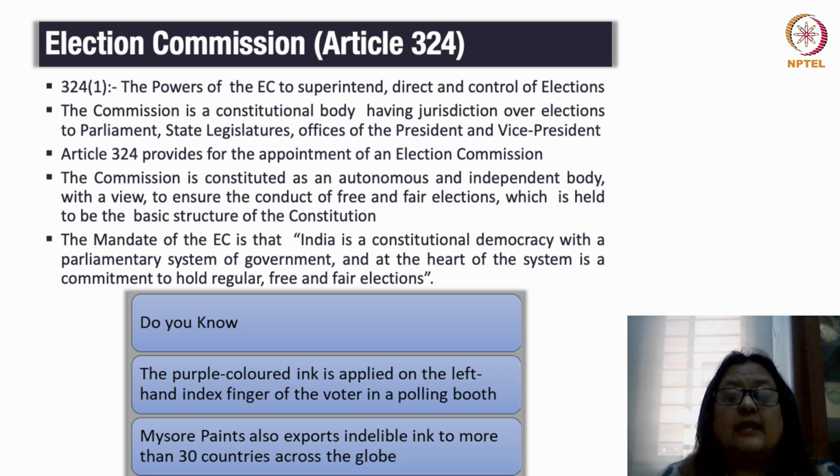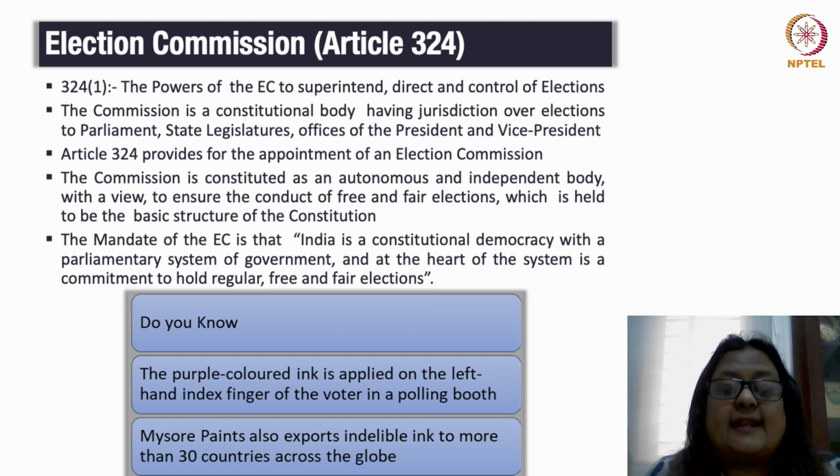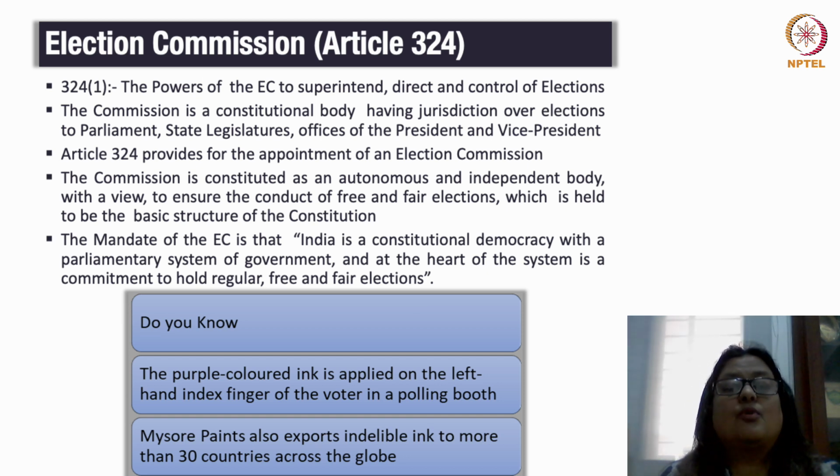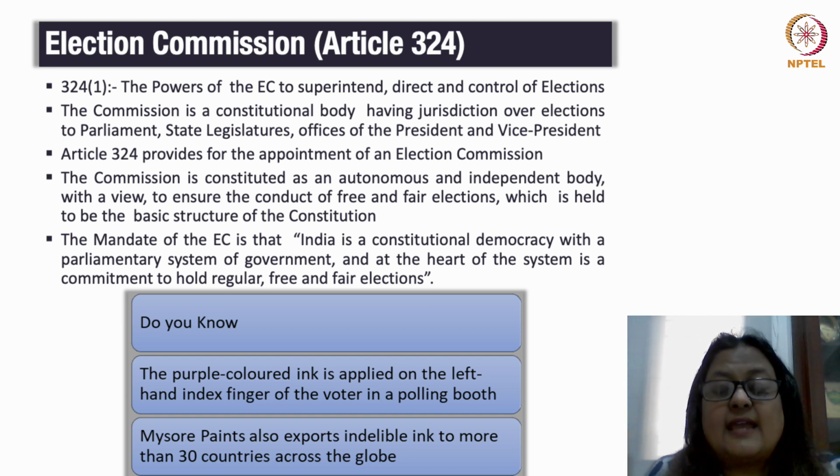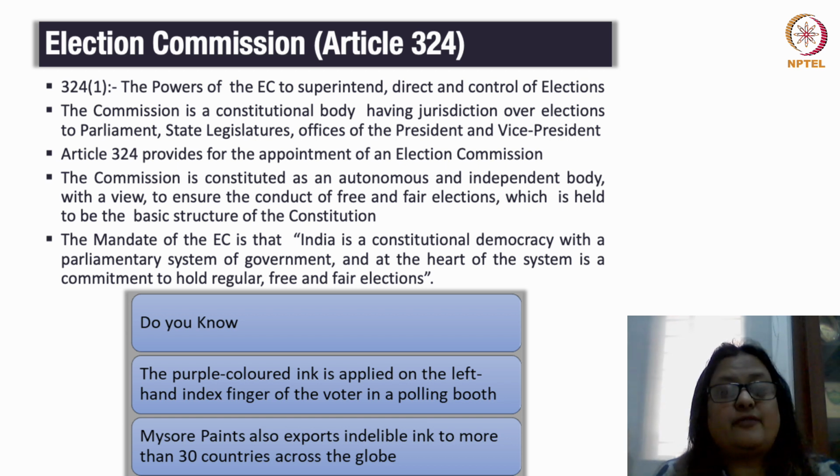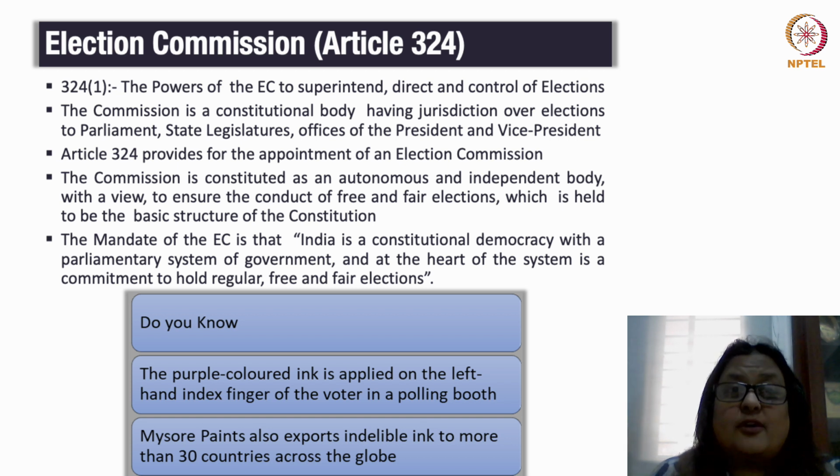Now, the Election Commission states that India is a constitutional democracy with a parliamentary system of government, and at the heart of the system is the commitment to hold regular, free and fair elections. What is the meaning of regular elections? For example, the elections for the House of People, the Lok Sabha, are held every 5 years, unless dissolved earlier. Whenever there is a necessity to conduct elections at regular intervals, the Election Commission shall do so.